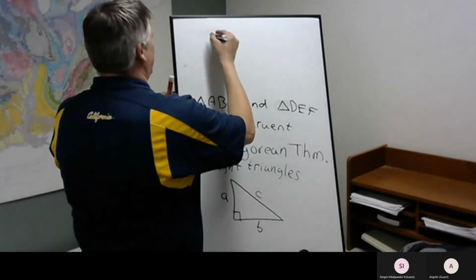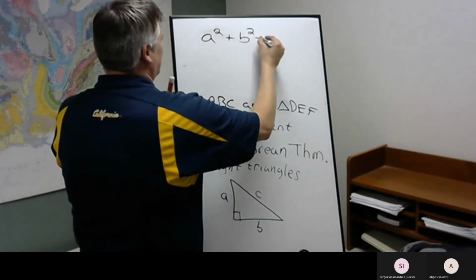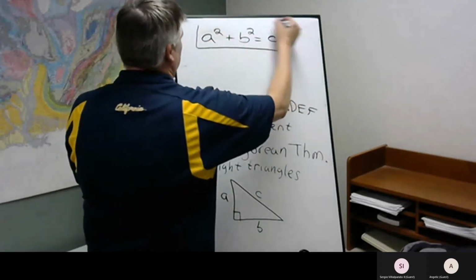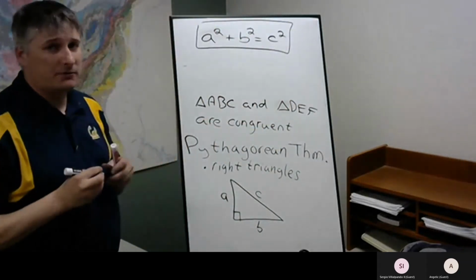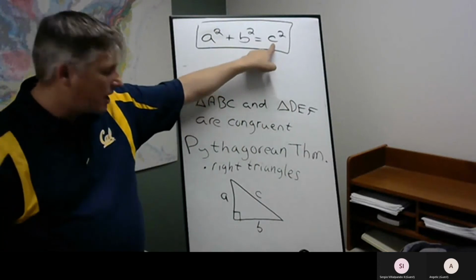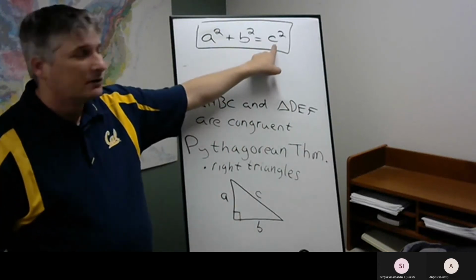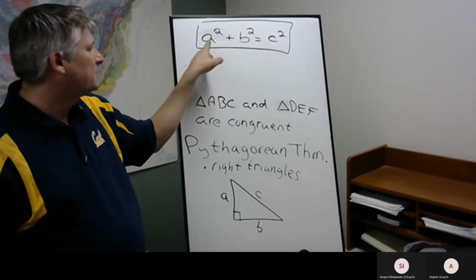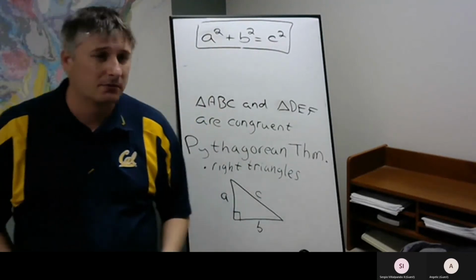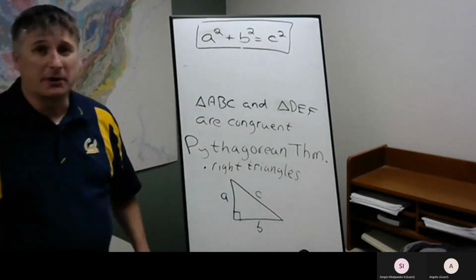I'll give you the standard way this is presented. This is only for a right triangle. The side across from the 90-degree angle, if you square it, is equal to the sum of the squares of the other two sides, or a squared plus b squared equals c squared.